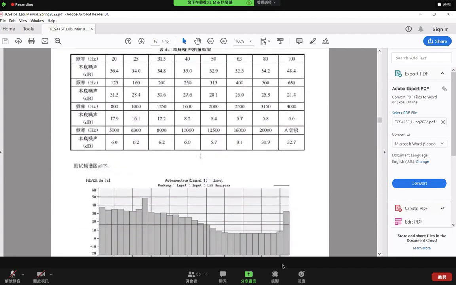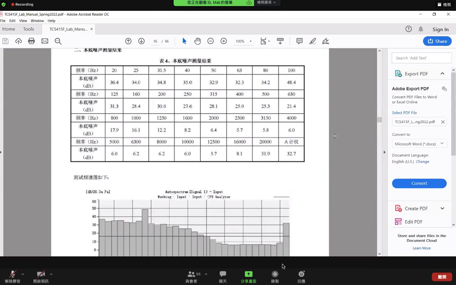Okay. And then this table shows the background noise broken down into different frequency bands, for example, from 20 Hertz to 20,000 Hertz.